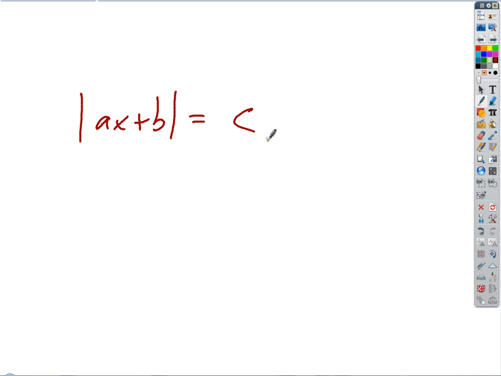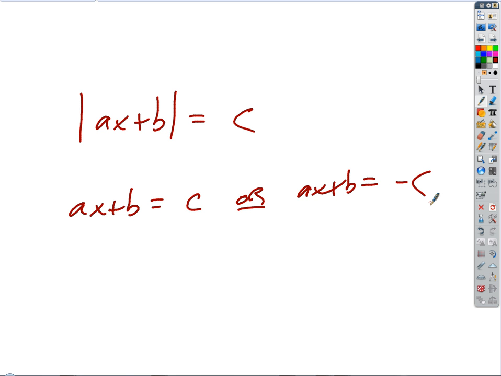Remember, we always had to trade an absolute value equation or inequality for two non-absolute value equations or inequalities. So what did this one get traded for? ax plus b equals c, or it equals negative c, right?